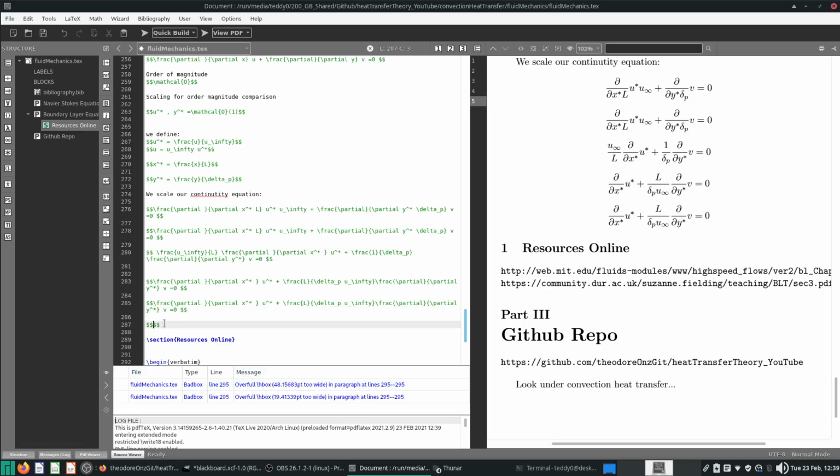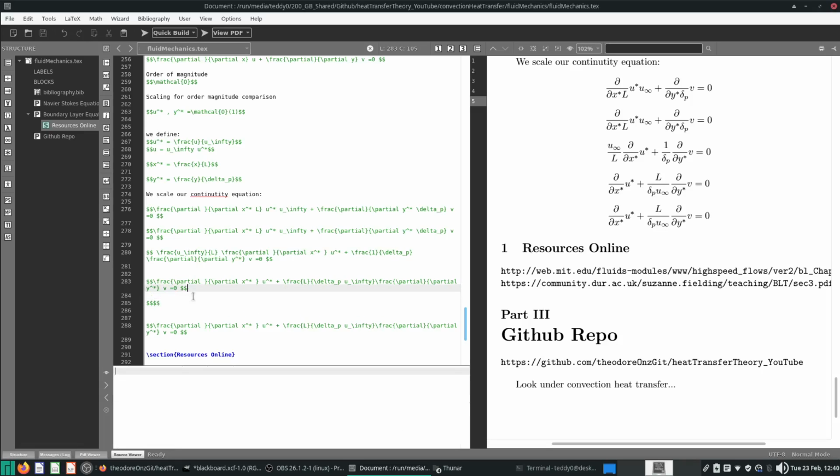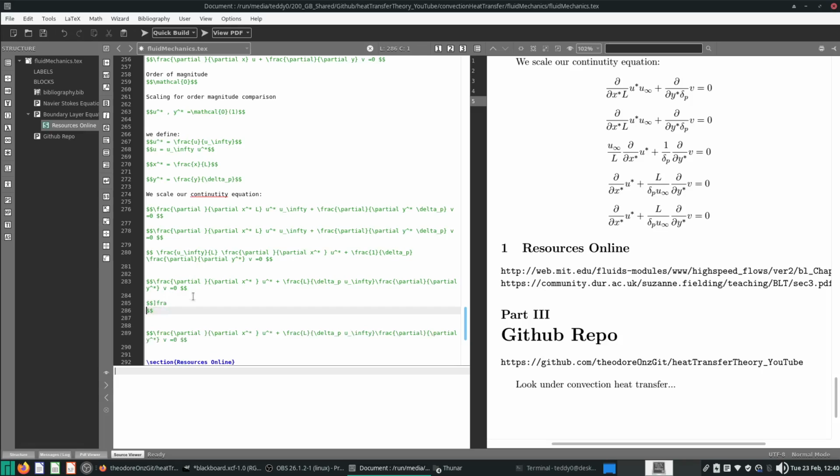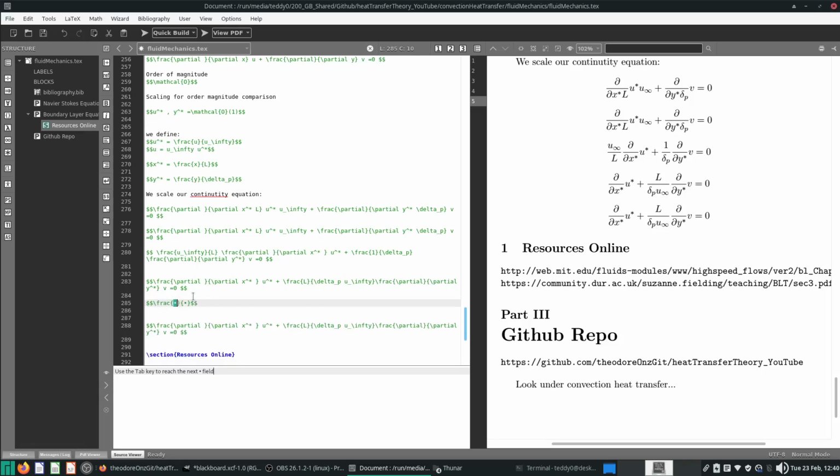So we can say that VL over delta P u infinity is equal to order of magnitude of 1.